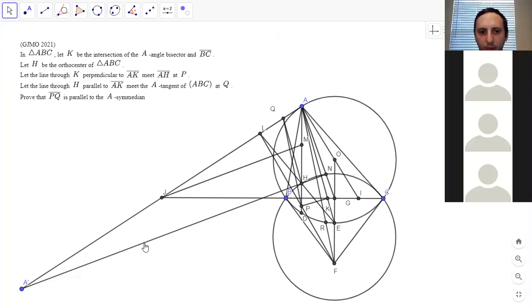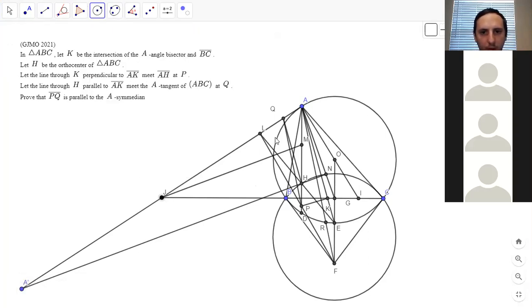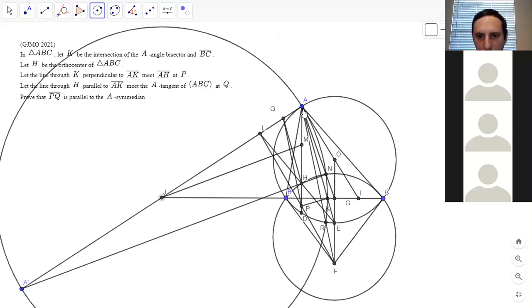So yeah, I guess we don't. So yeah, we could draw this circle right here. Can you delete L? Delete L, yeah.